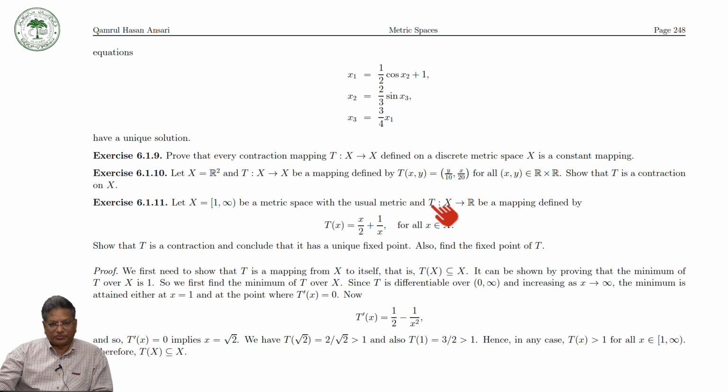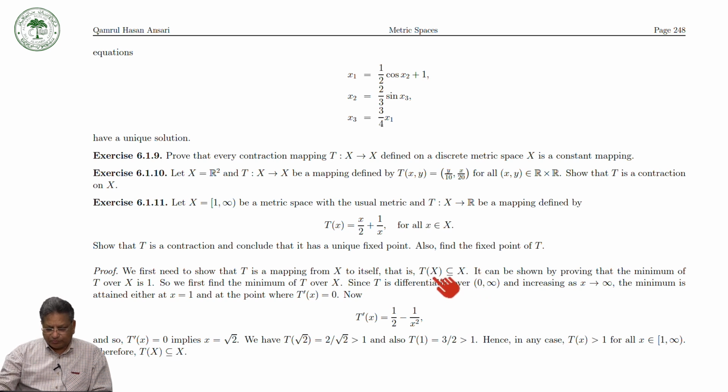Whenever we are defining the fixed point of a map, the map is a self map, from X to X. But here T is a map from X to R, where X is a subset of R. So to prove that it is a contraction map, first we have to prove that T of X must be a subset of X.